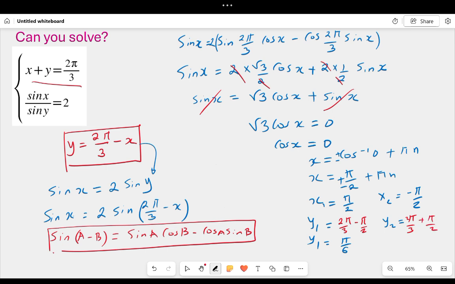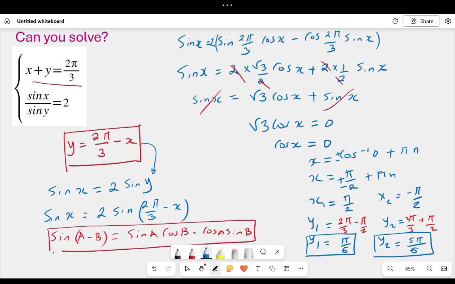So y2 is going to be equal to 5 pi over 6. All right, so these are the different solutions from the system of equations.